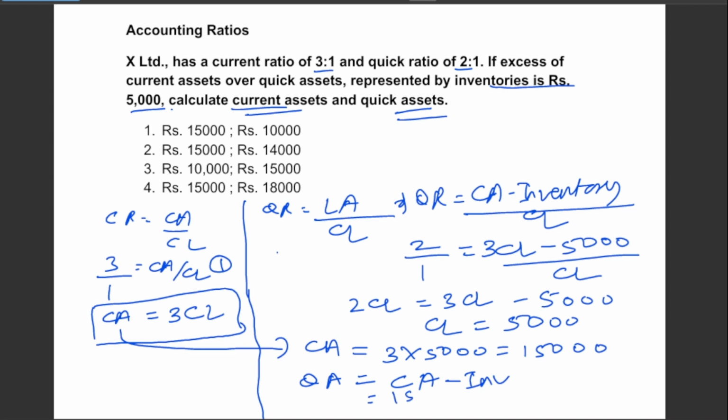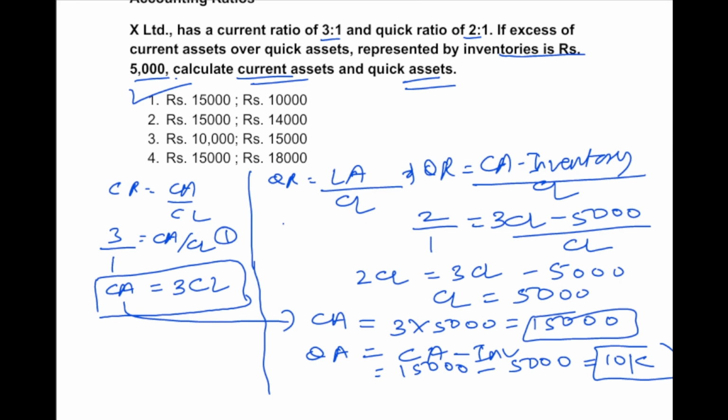So 15,000 minus 5,000, 10,000. Current assets are 15,000 and liquid assets are 10,000. Let's move to the next question.